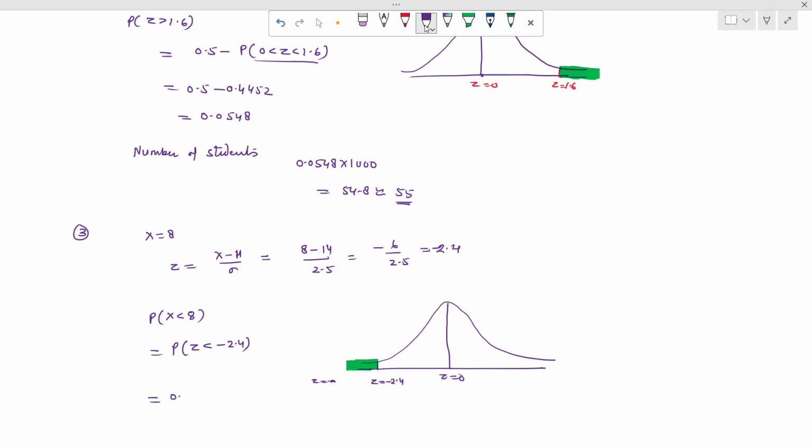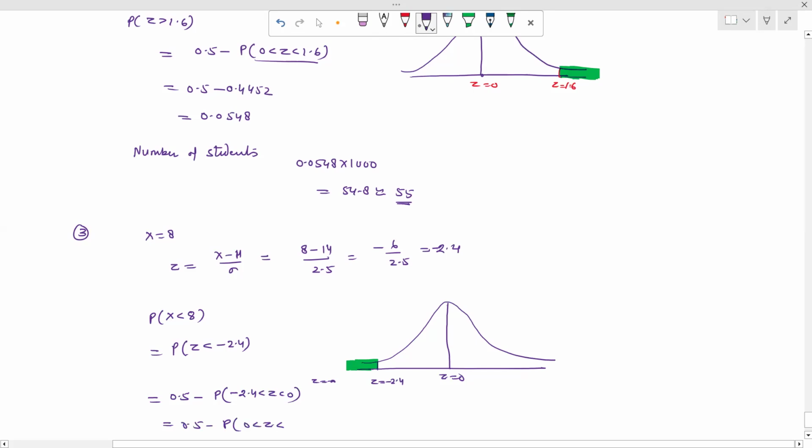So 0.5 minus the area from -2.4 to z equal to 0. So this can be written as 0.5 minus area.